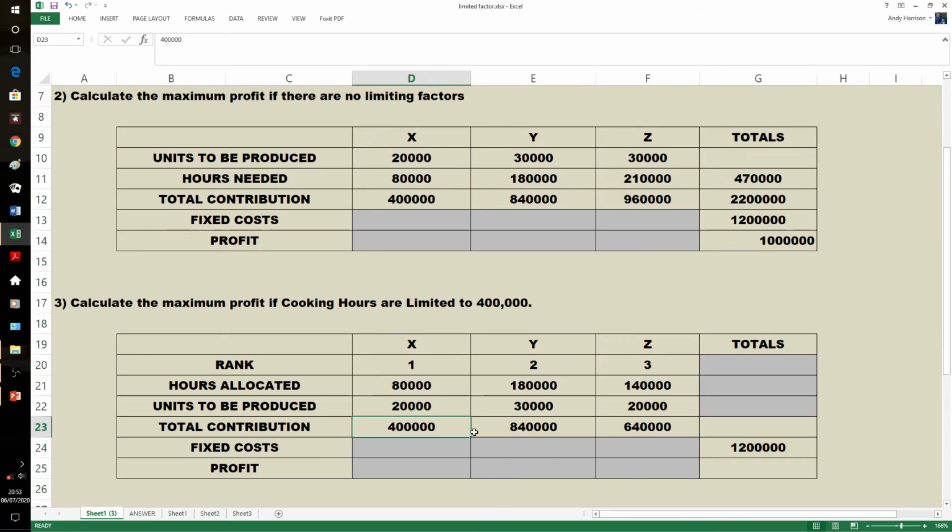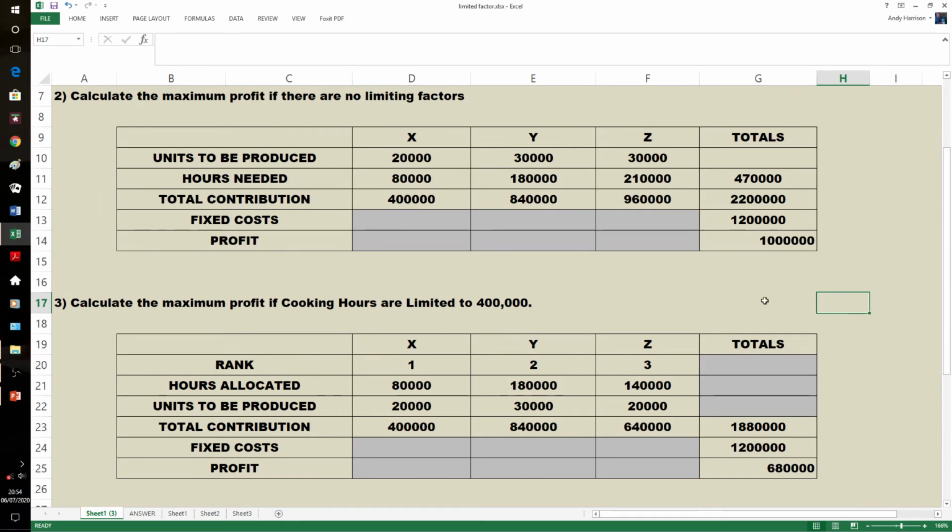So our new total contribution, it is of course going to be lower, it can't be anything else, is 1.88 million. So our profits will be reduced to 680,000. So nowhere near as good as a million, but better than nothing.